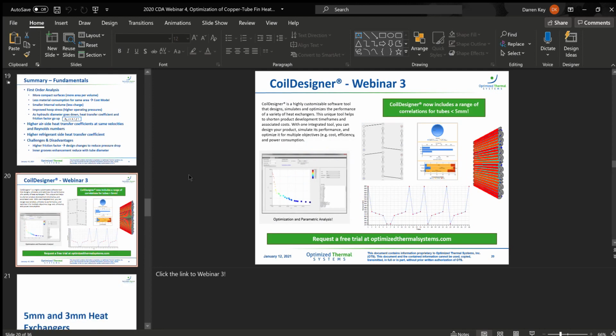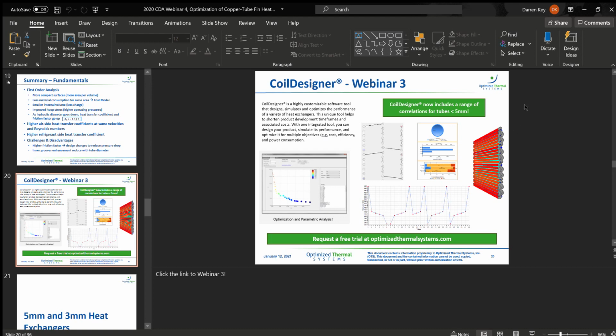So I've been teasing this a few times. This is Coil Designer, which is produced by OTS. It's highly customizable for whatever your needs might be for your particular application. And you can take a look at webinar 3 on the website for more details on the capabilities of this system.